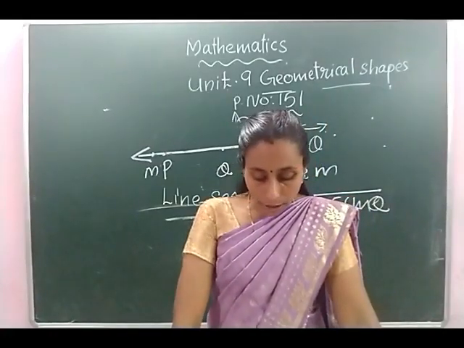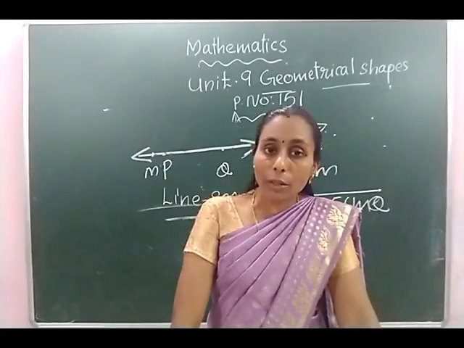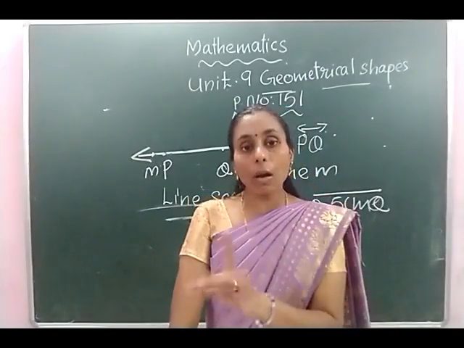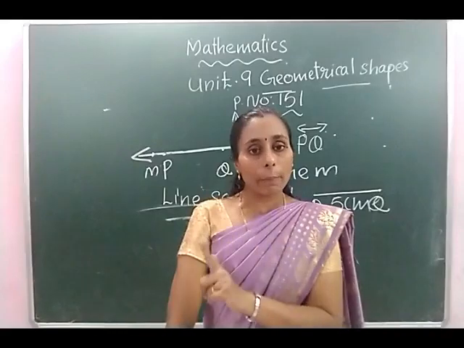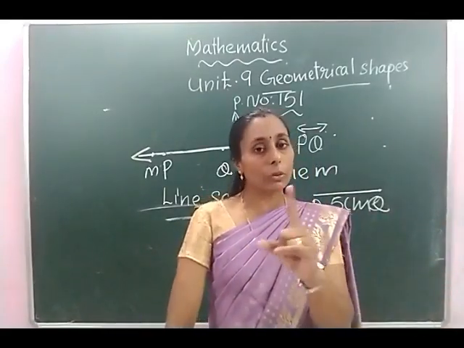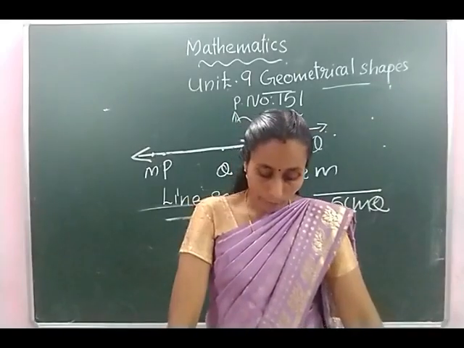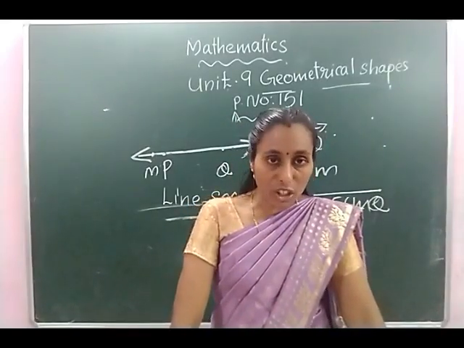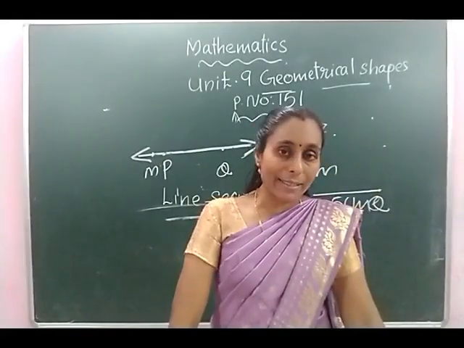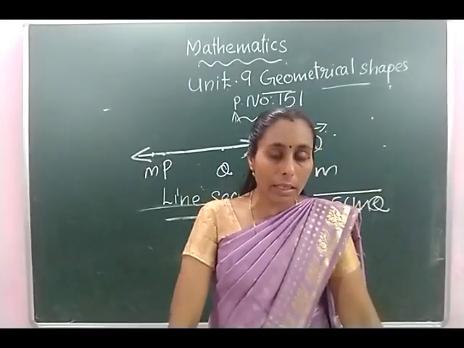We can give it a name by using a capital letter or a small letter. If we use capital letters, we use two letters. If we use a small letter, we use only one letter. Then, can we measure the line? No, we cannot measure a line because both sides are extending endlessly.